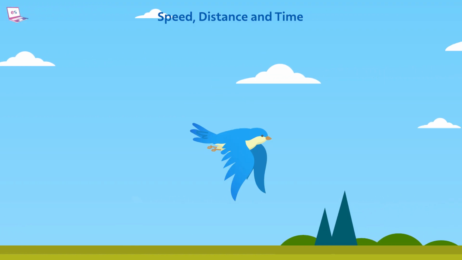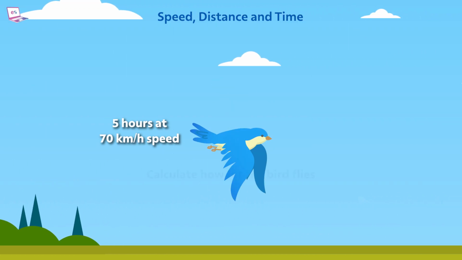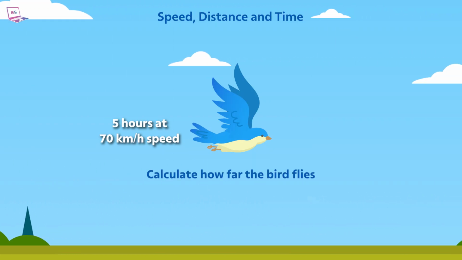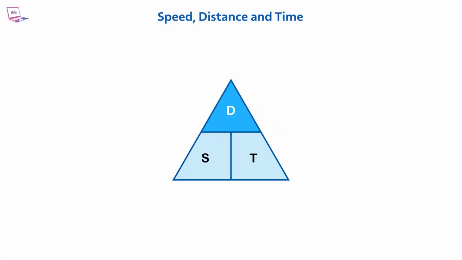A bird flies for 5 hours at a 70 km per hour speed. Calculate how far the bird flies. Here, the bird's speed and time duration are given, and you need to calculate the distance flown by the bird. Let's use the formula triangle. To find the distance, cover d in the formula triangle.